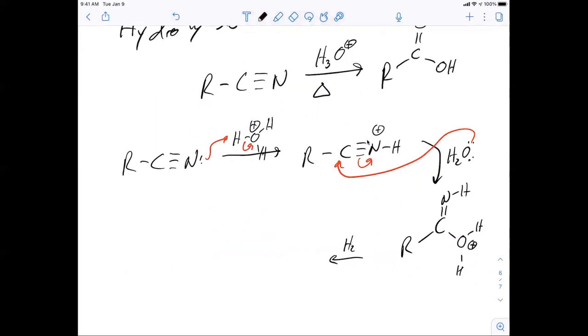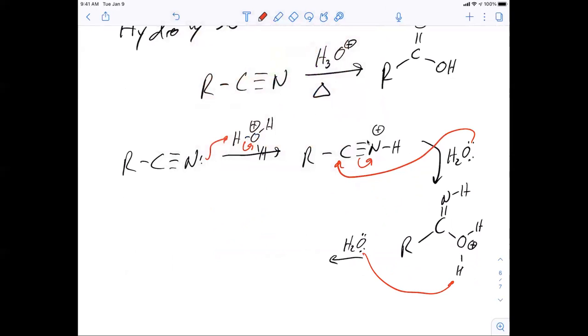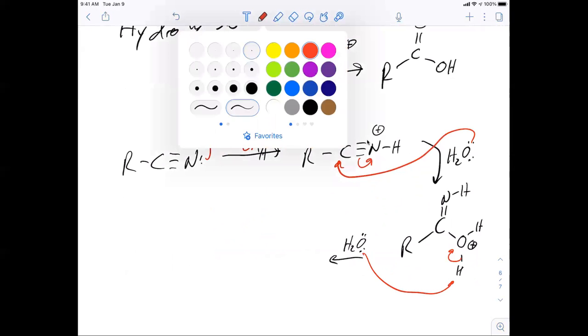Then we're going to do a proton transfer. So water picks up an excess proton here.